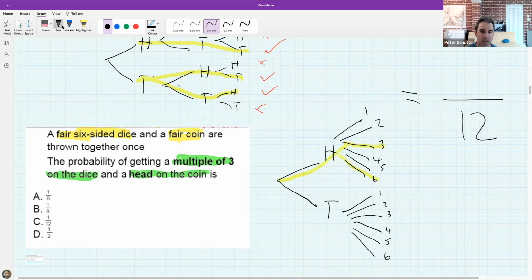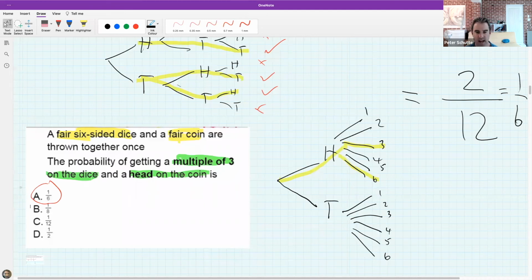So in total, we should have 2 out of 12. Now, is there a 2 out of 12 there? No, but there is an equivalent fraction, which is going to be 1/6. And so the correct option would be 1/6.